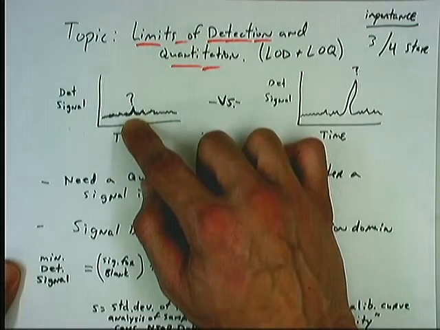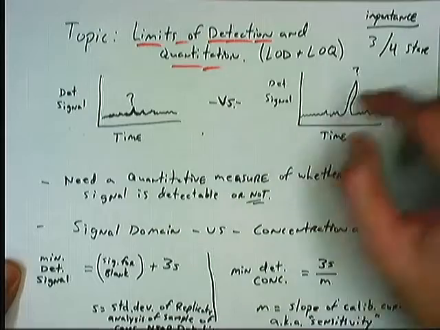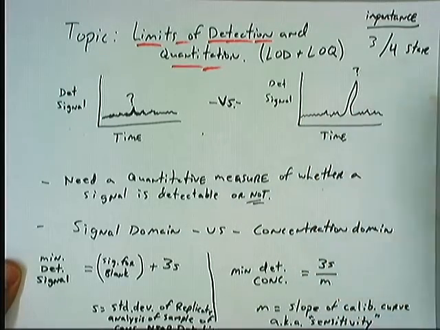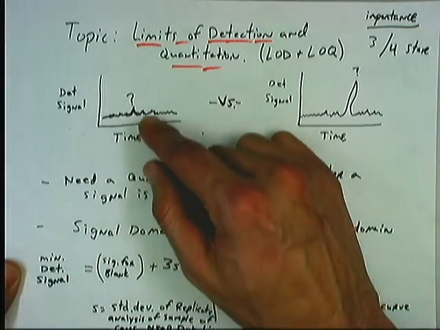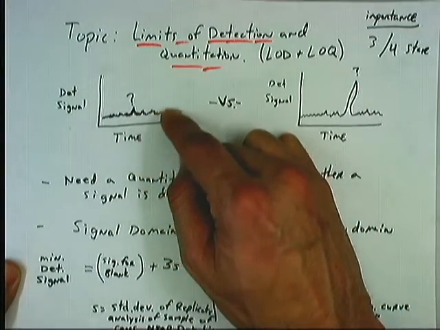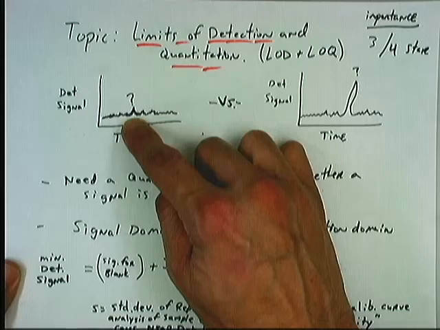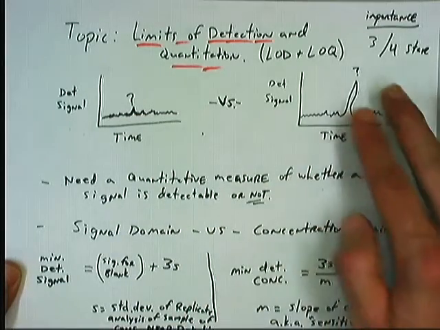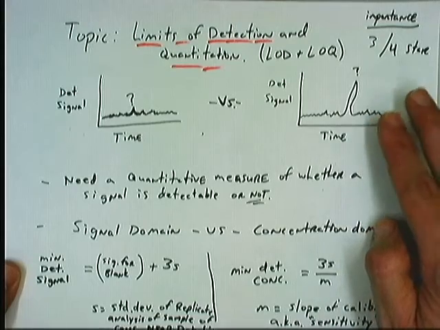And not only is that peak bigger, it's much larger compared to the random fluctuations or the noise in the baseline. Whereas over here, the random fluctuations are a reasonably high percent of what I've drawn here. So I would argue it's much more convincing that the signal on the right is a true signal.